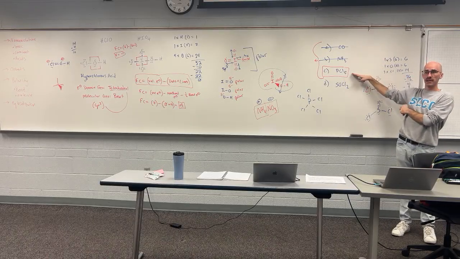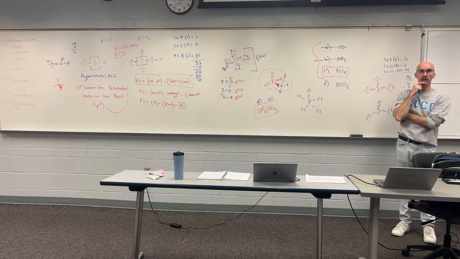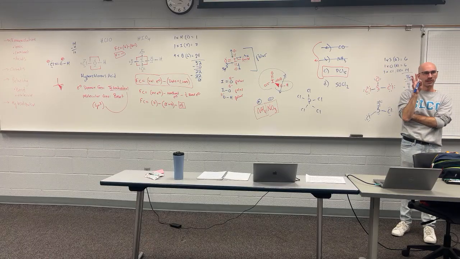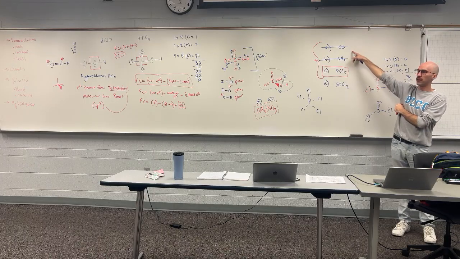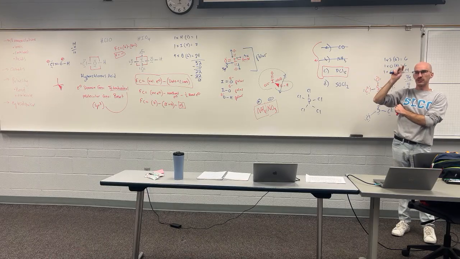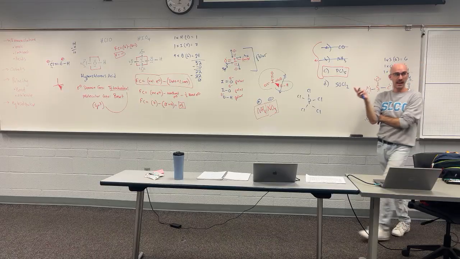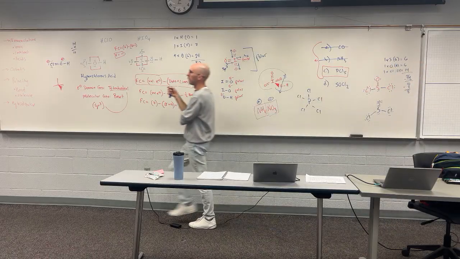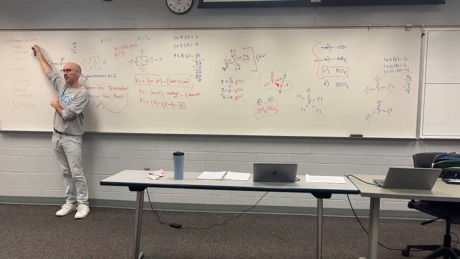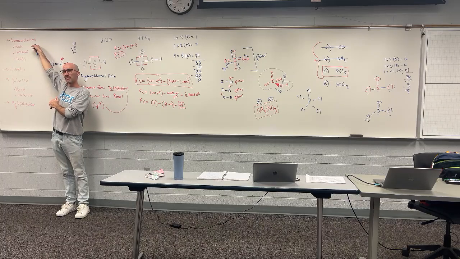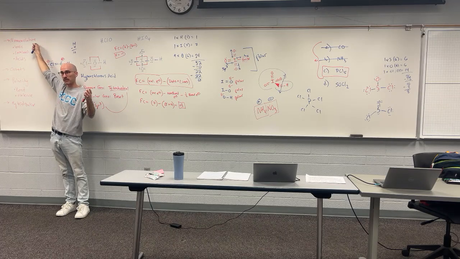Just non-metals, no covalent compound, no polyatomic ions, no metals. So the first one, I already named it. It's just 2 elements. You'll only ever be asked to name covalent compounds that are binary. You will not be asked to name covalent compounds that have more than 2 types of elements.